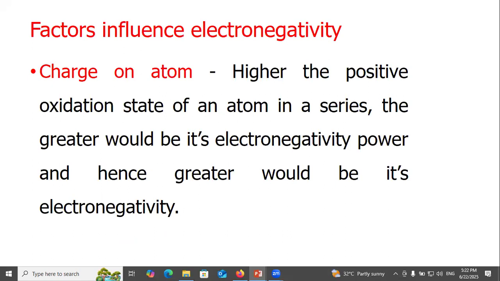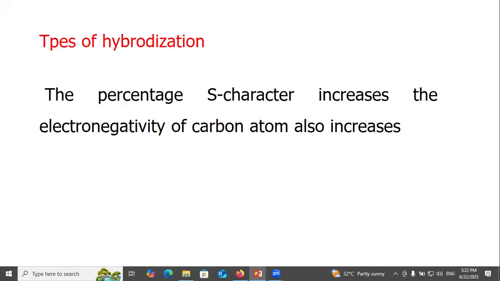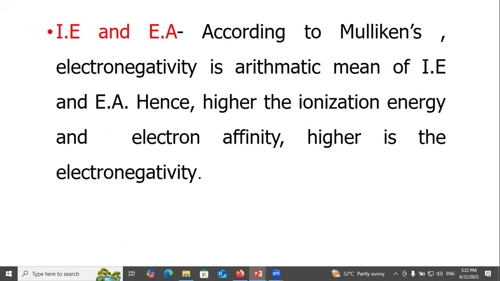Factors influencing electronegativity: charge on the atom. The higher the positive oxidation state of the atom in the series, the greater would be its attracting power, and hence the greater its electronegativity. Types of hybridization: as the percentage of s character increases, the electronegativity of the carbon atom also increases.